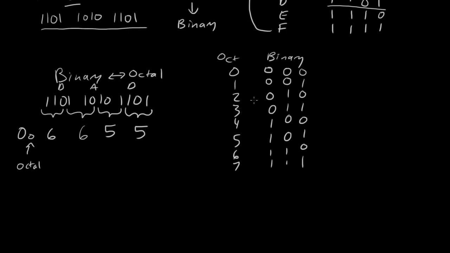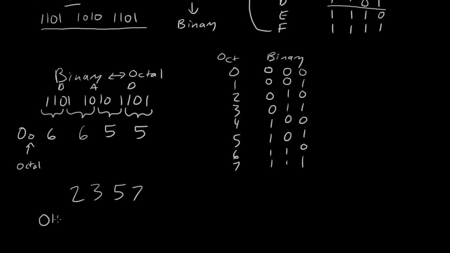Like if I had an octal number, like say I have the number 2, 3, 5, 7. Let's say we have this in octal, so let's convert that to binary. It's just fill out these things, just look up and plug and chug.